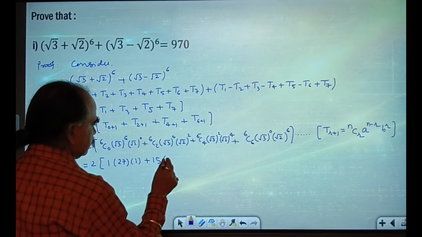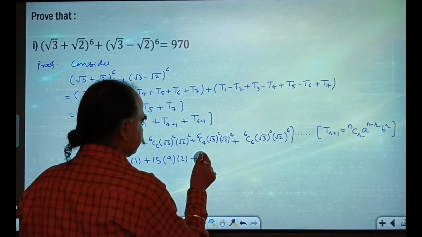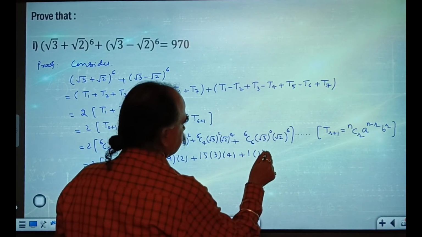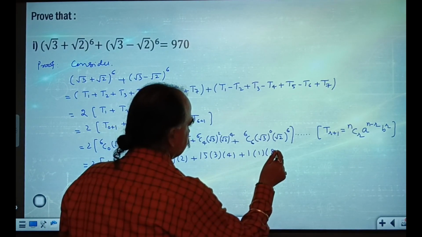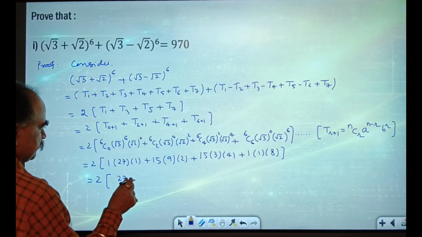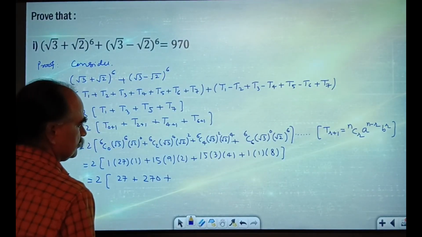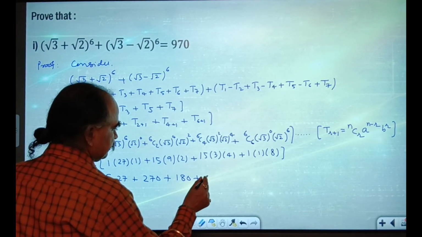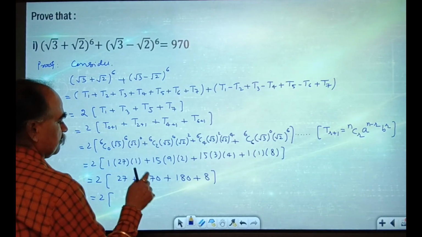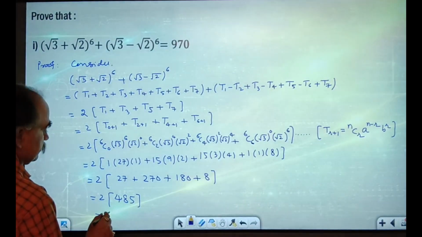Root 3 raised to 4 is what? 9 into 2. 6C4 is same as 6C2, which is 15, 3 into 4. 1 into 1 into 4 into 2 is what? 8. 2 times 27 plus 270 plus 180 plus 8. 35, 305, 485 will give you what? 970.